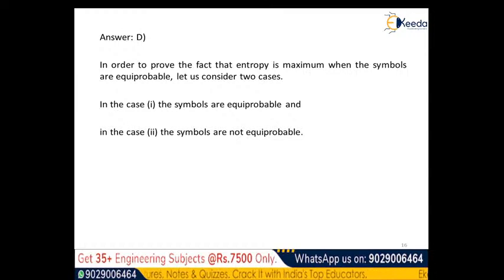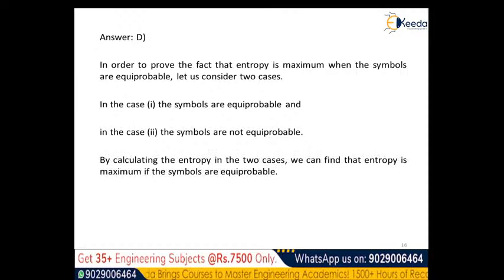We have to just prove the same. We will calculate the entropy in both cases, and then we can find that entropy is maximum if the symbols are as in case 1, that is, equiprobable. So let us consider the first case. Case 1: computation of the entropy for equiprobable symbols.